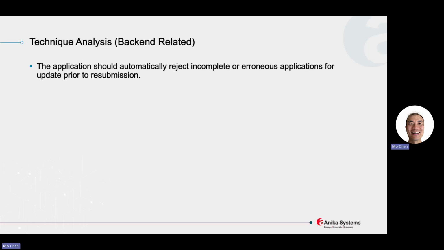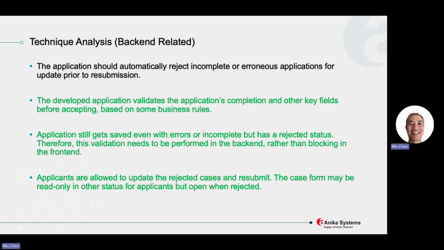In addition, the application should automatically reject incomplete or erroneous applications for update prior to resubmission. It is common to validate the form fields. Again, we have options to perform the validation in the front end or the back end.